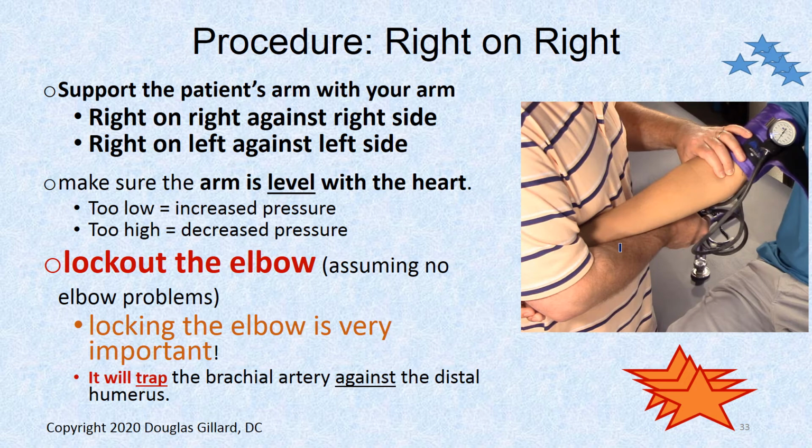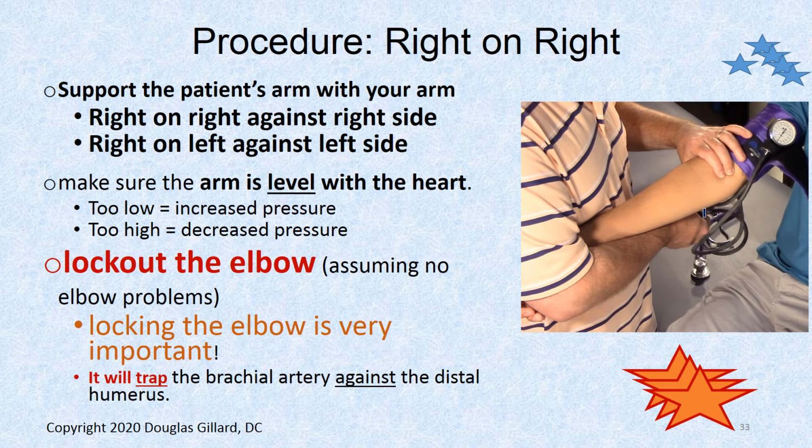Pull it down a little bit. Then your forearm will be supporting their forearm. And then you give the ball, the thing that you pump up the blood pressure cuff with, to the right hand, because that's going to work the ball and the gauge. If you're right-handed, that's the way you should do it, because it's easier for your right hand.